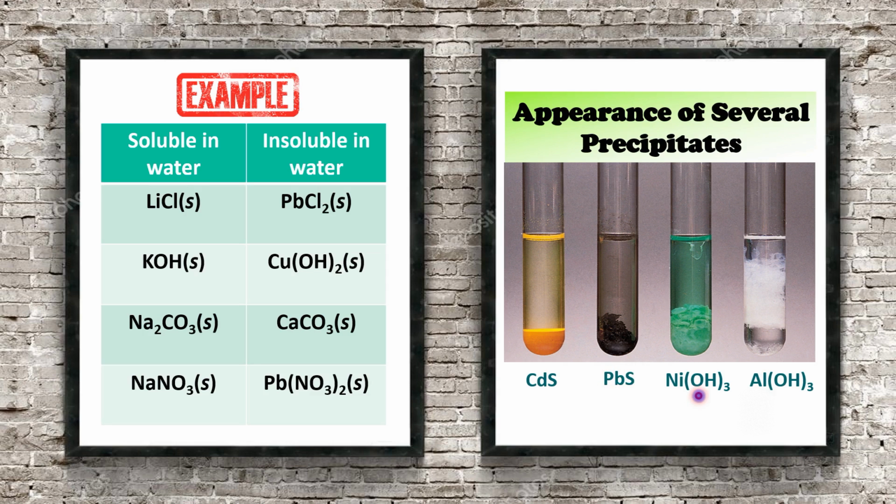Nickel hydroxide will form a green precipitate, whereas aluminium hydroxide will form a white precipitate. So even though they have the same anion, the cation is different and that's why there is a difference in the color of the precipitate formed.